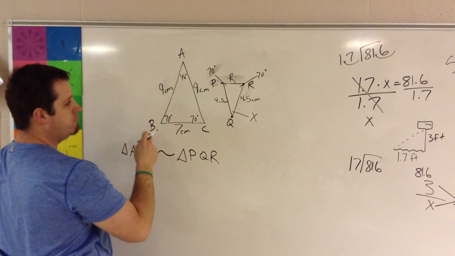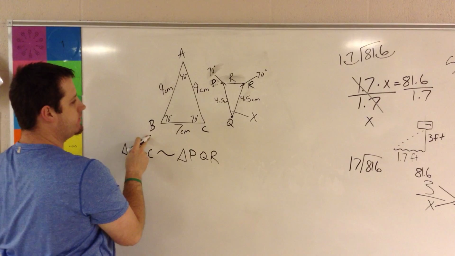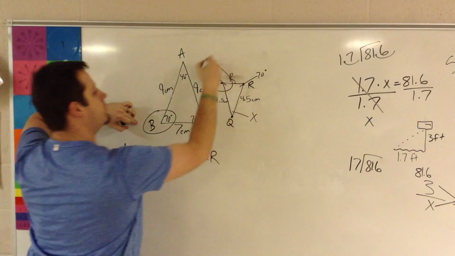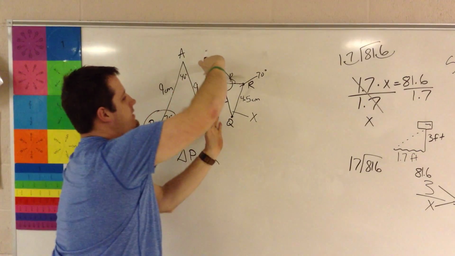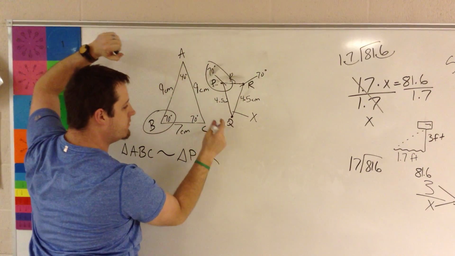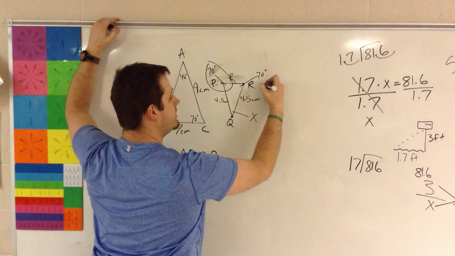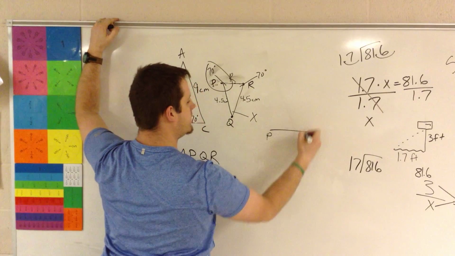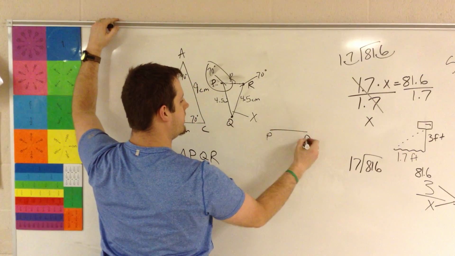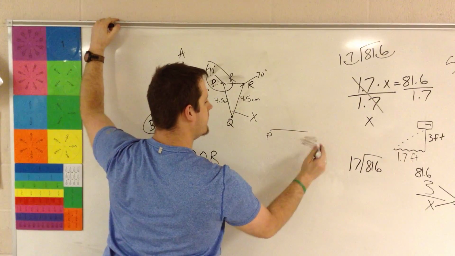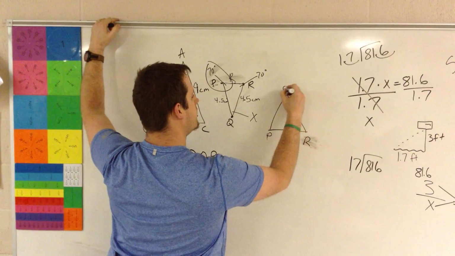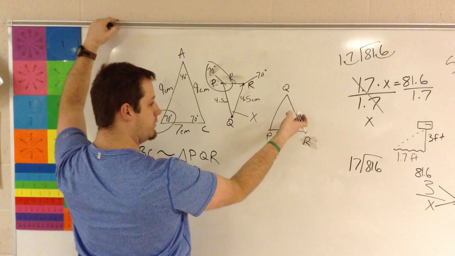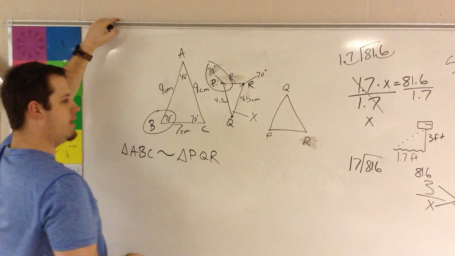So angle B corresponds with what? Angle B corresponds with angle P, because when I turn the triangle, P is here, R is here, and Q is up here. That's what it would look like after I turn it, PQR.